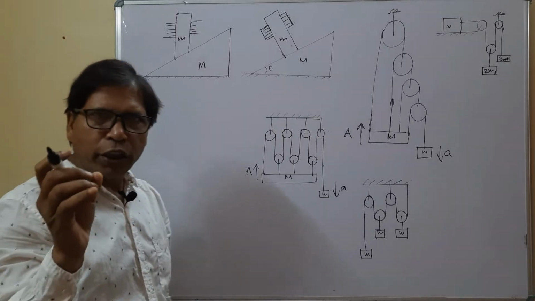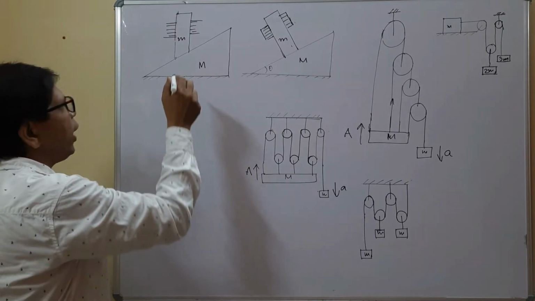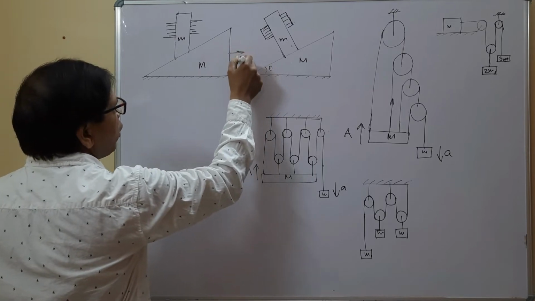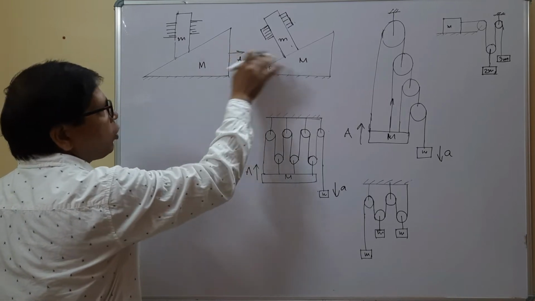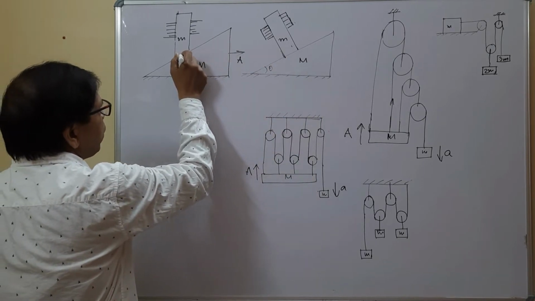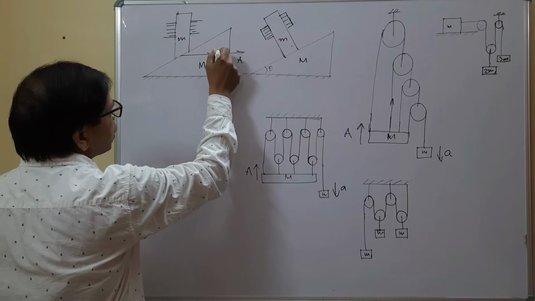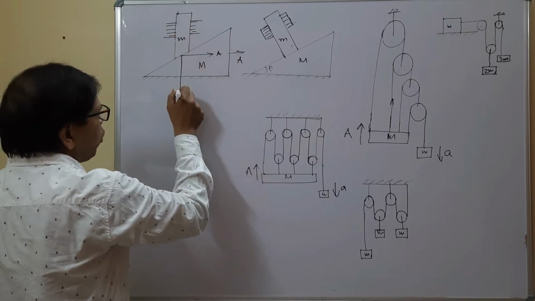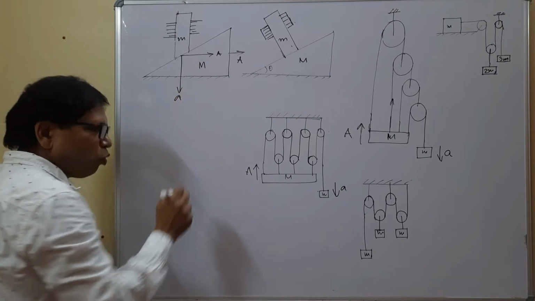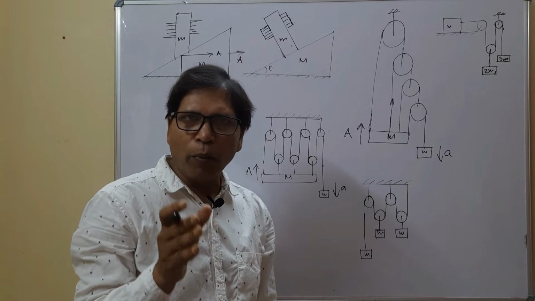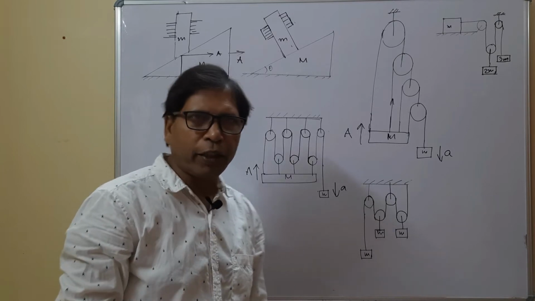First of all, the constraint relation. We know the acceleration of it along this direction is A. Okay, the acceleration of it is along this direction A. So the acceleration at this point is also along this direction. And the acceleration of this is A, so the acceleration of this point is also A. Now we know the acceleration normal to the point of contact of two surfaces is the same.